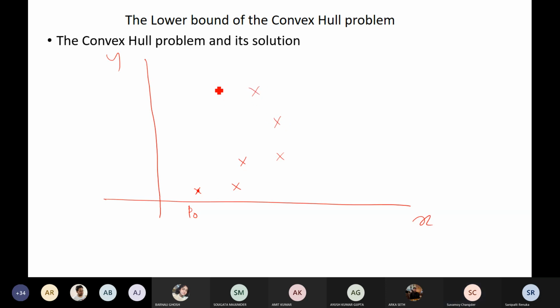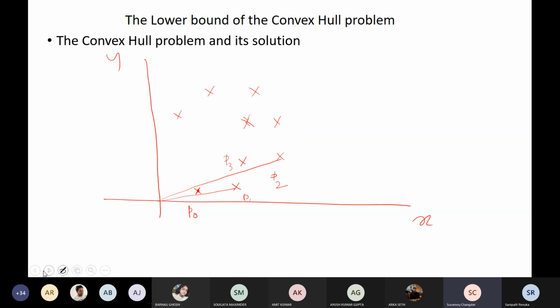Say we want to find the convex hull of these points. Then we will sort all the elements except this P0 according to their polar coordinates. So this is P1, this one is P2, P3, then P4 and so on.